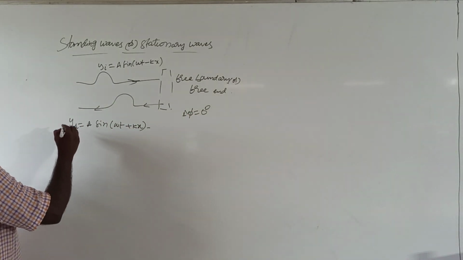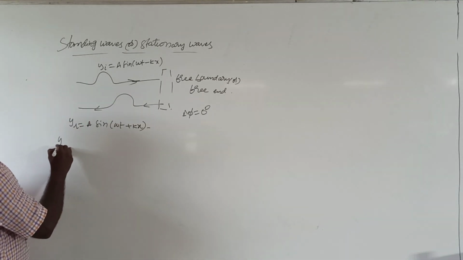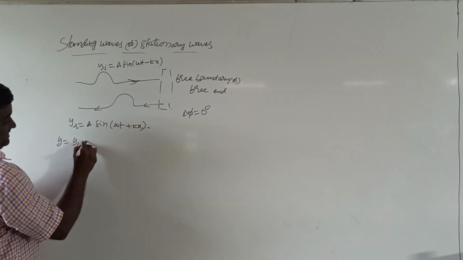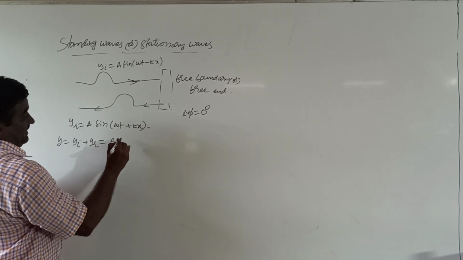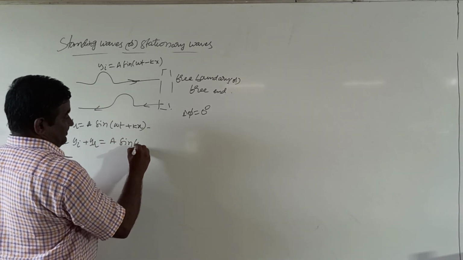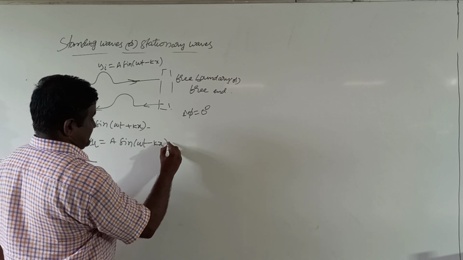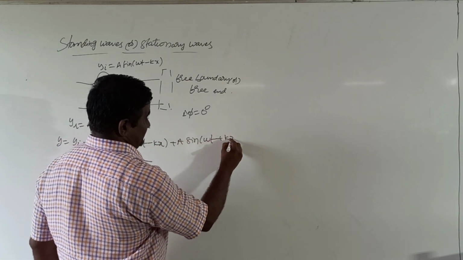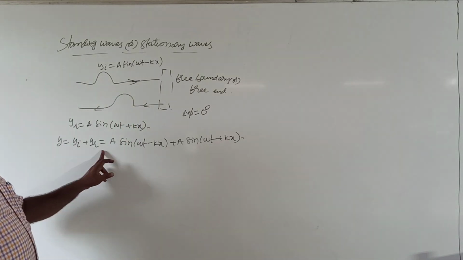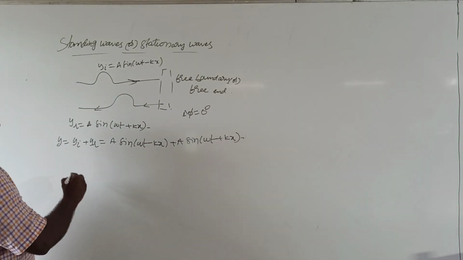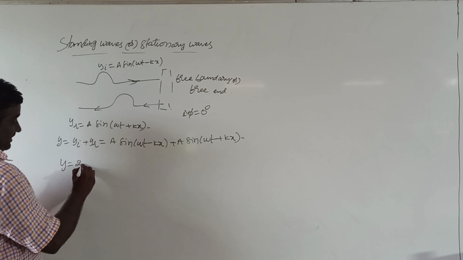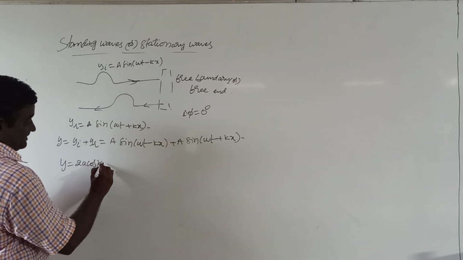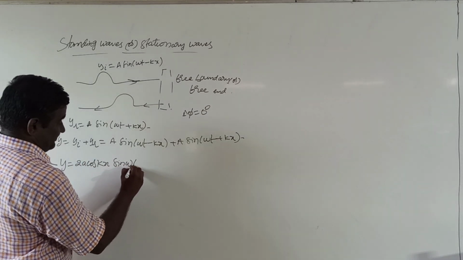In that case, the displacement of the resultant wave y equal to yi plus yr, then a sin(omega t minus kx) plus a sin(omega t plus kx). By using trigonometric rules, we solve this equation. We get y equal to 2a cos kx sin omega t.